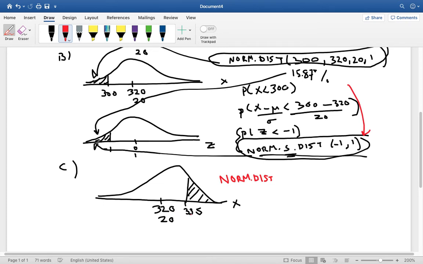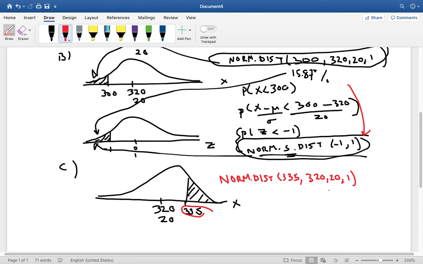So if I do NORM.DIST of 335, so that's the 335 from in there, and then I'm going to put the mean, which is 320, the standard deviation, which is 20, and true. What do I get?